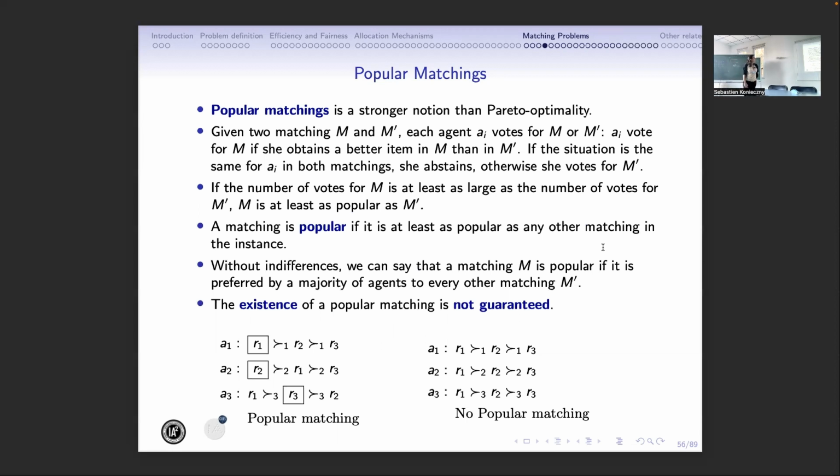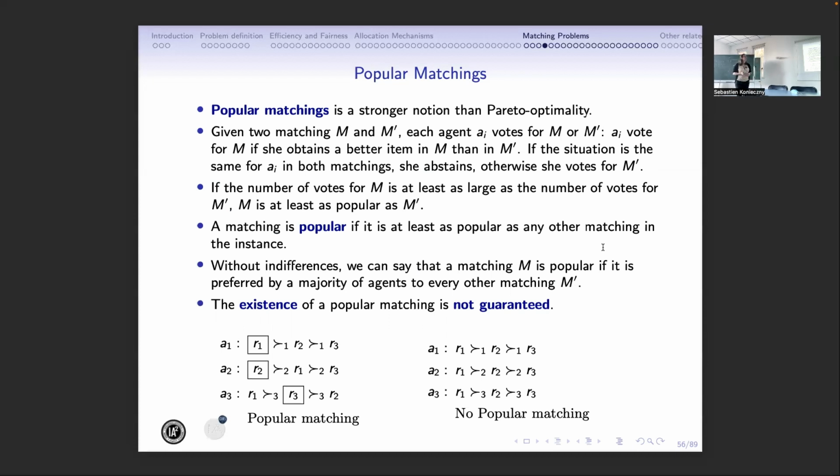And one notion is popular matching. Popular matching is quite related to voting theory. In popular matching theory, we make the agents vote about their matching.